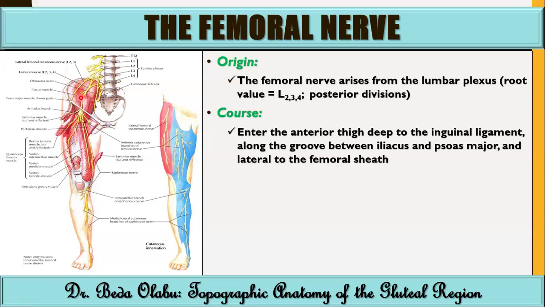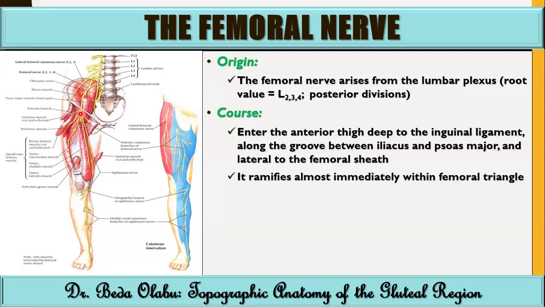In that groove, the nerve emerges onto the femoral triangle in the upper part of the thigh. Usually, that nerve will be outside the femoral sheath.